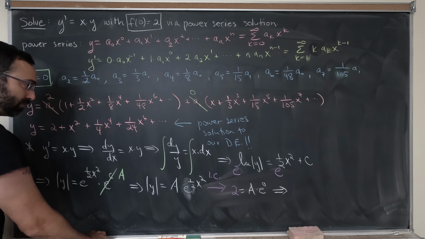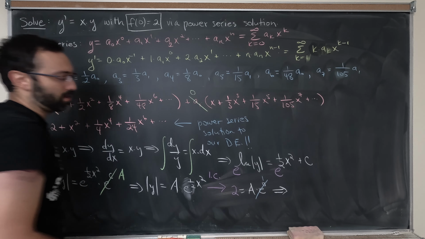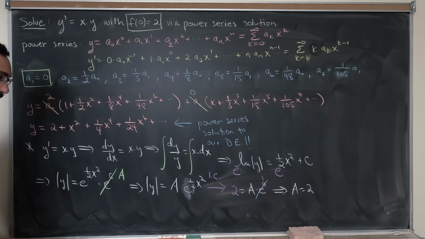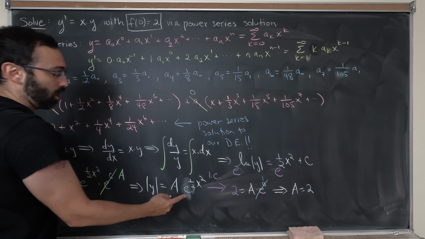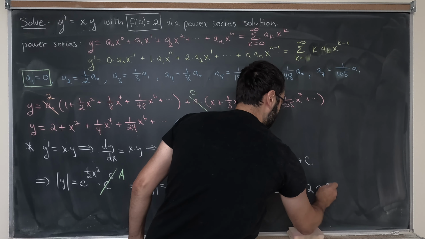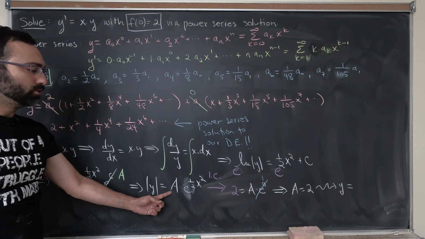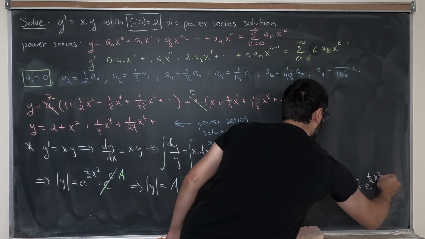And so e to the power of 0 gives us just 1. And so that tells us that that constant a is just 2. And since that's positive, and this power of e is always positive, we can scrap the absolute value bars and say that our solution is y equals 2 times e to the half x squared.